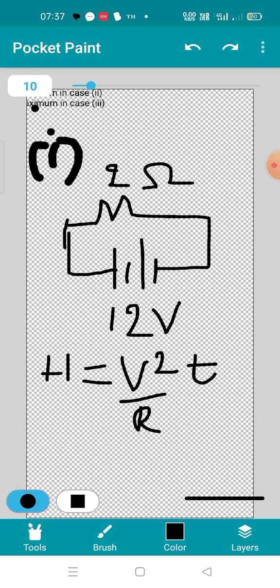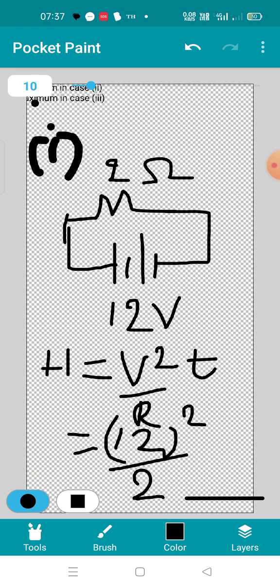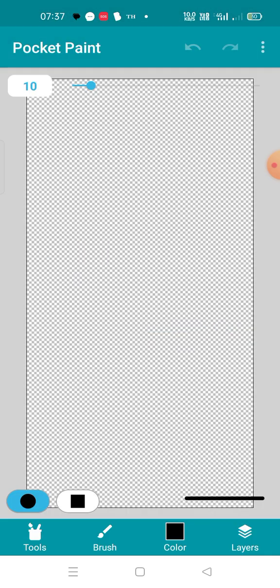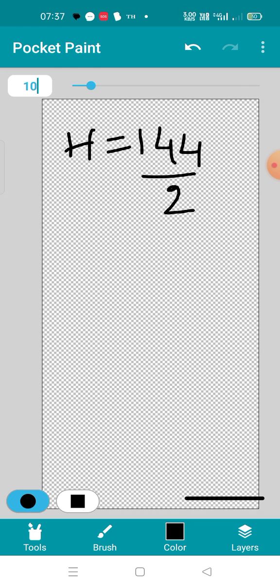Here the value of V is 12 volts, so 12 square by the value of R, that is 2, into T. So let's simplify this. 12 square by 2 into T. So this heat will be equal to 12 square is 144 divided by 2 into T. So this will be equal to 144 by 2, 72 T joules.